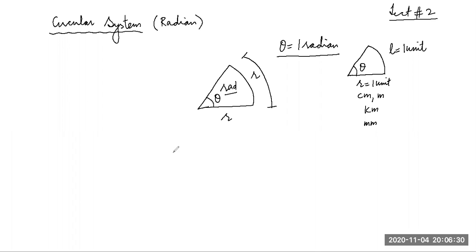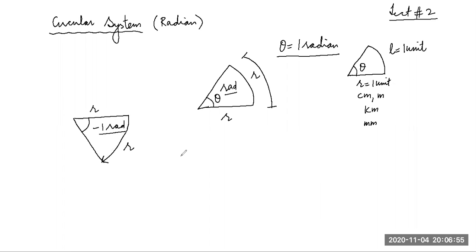If the angle is subtended in the anti-clockwise direction, and let this be also R, and the angle is taken in the clockwise direction, then the angle is said to be minus 1 radian, as we discussed yesterday.